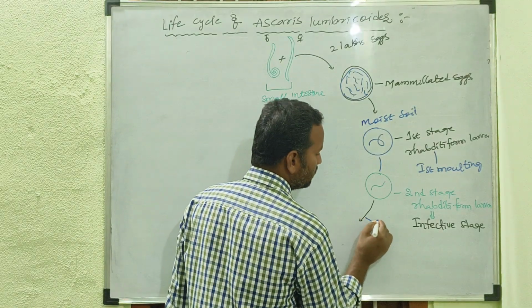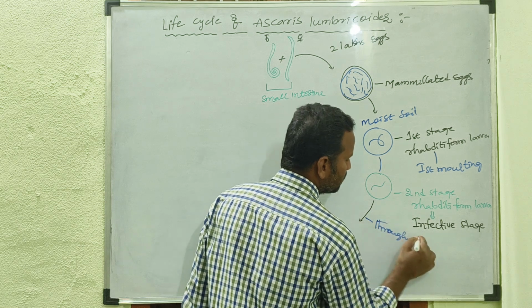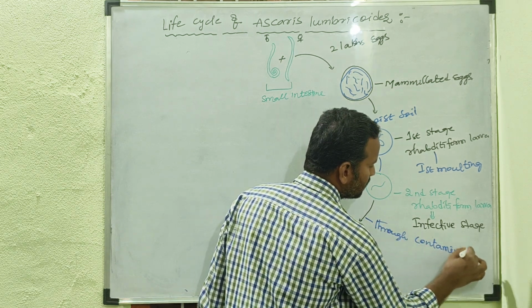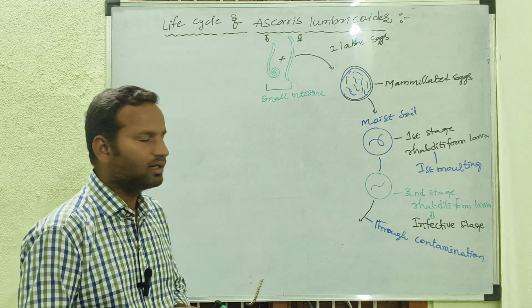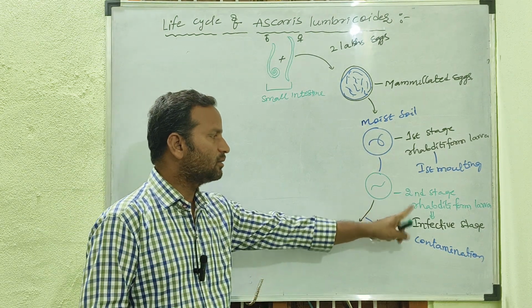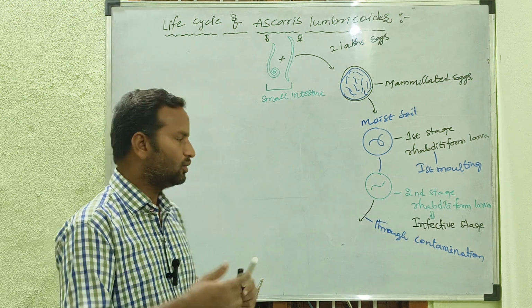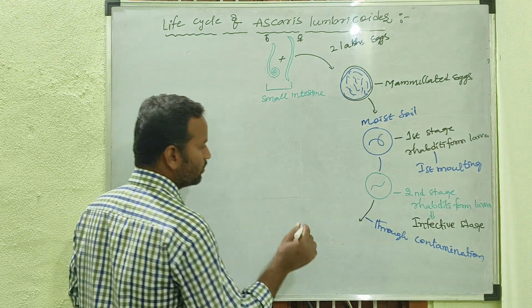Through contamination, the second stage rhabditiform larva enters into the new host. Now this is actually the new host body.